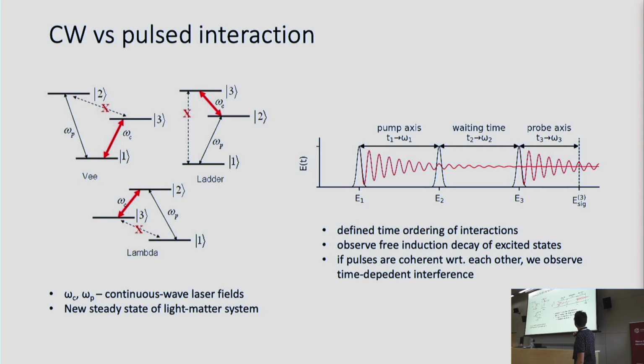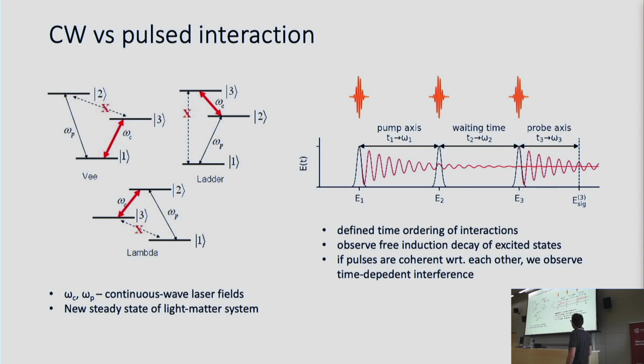And then I come in with another pulse, and what is important is that I have some oscillations that I induced, and I also have oscillations of my pulse. And clearly, the overall final signal that I will measure will depend on the relative phase of the coherence I created in the matter and the phase of the pulses that come in. So I will be able to see quantum interference by using different pulses which are phase coherent.